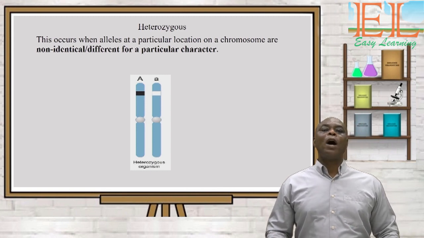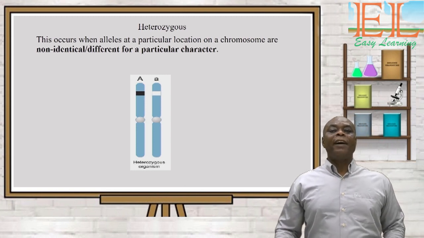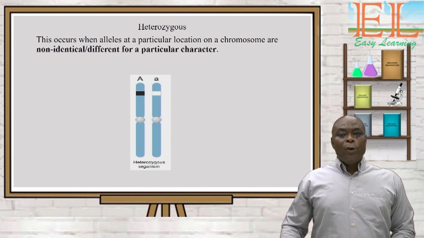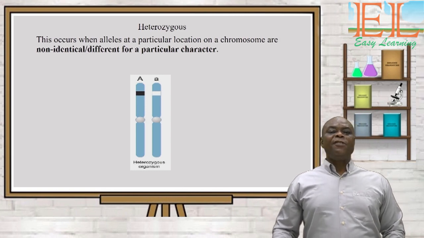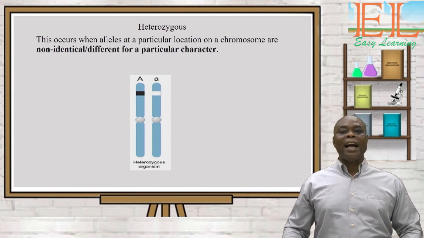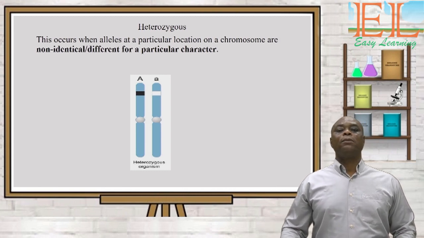So the person will appear tall, but within the chromosomes, we have a shortness gene there. So when a pair of alleles occupying the same relative position are non-identical or different for that particular character, we say heterozygous has occurred.